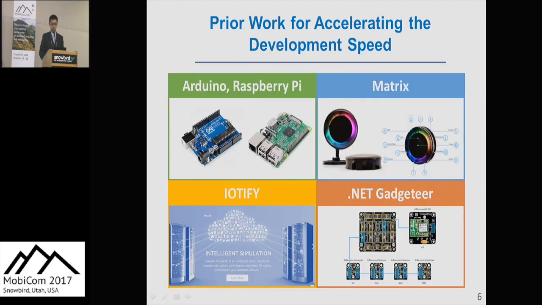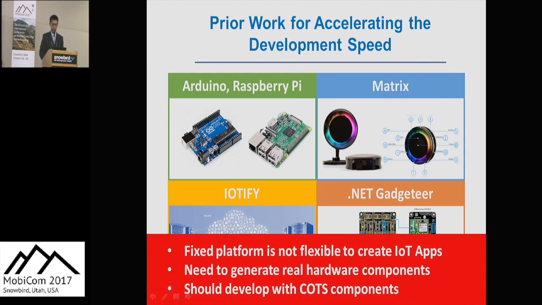There are several previous works which accelerate the development speed. In the maker domain, Arduino and Raspberry Pi provide developers with powerful processors and rich interfaces. Matrix Projects provides a platform with up to 15 built-in sensors, but the platform is fixed. It is not flexible to create customized IoT apps.